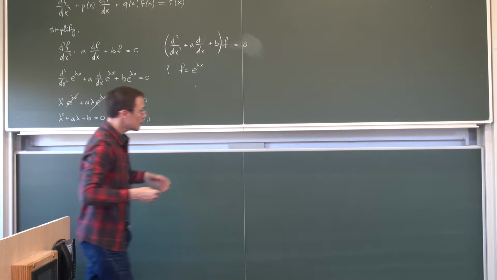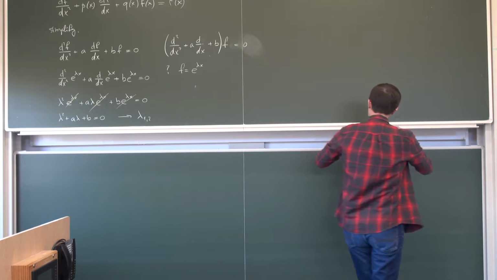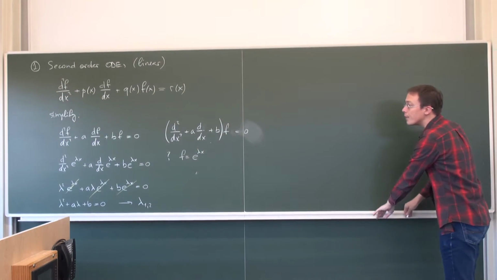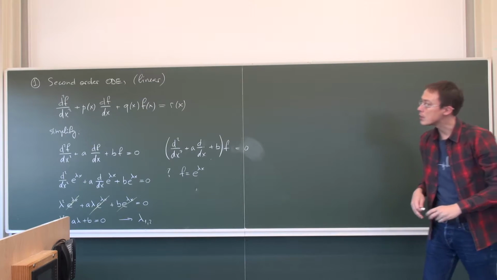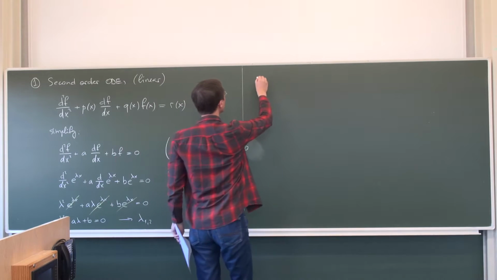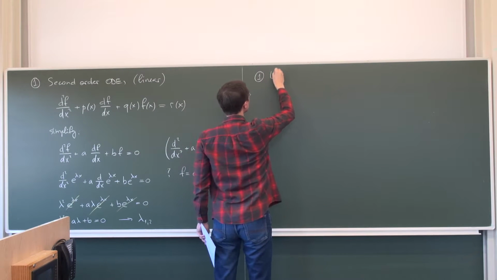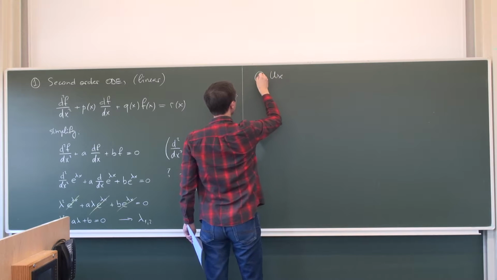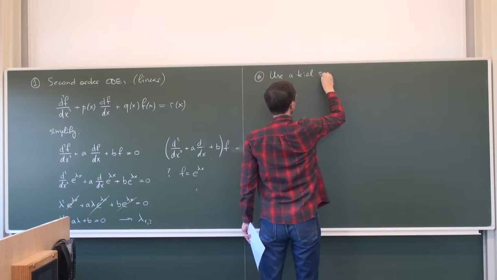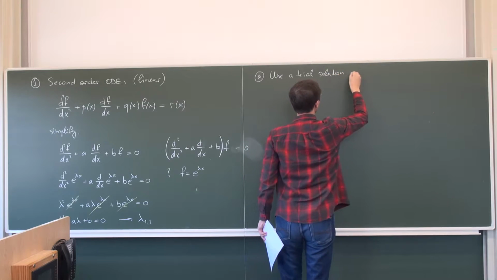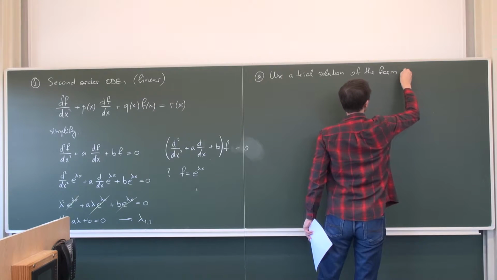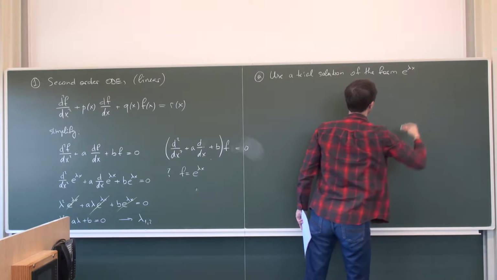So let us first draft the process by which we are going to solve it, and then see a couple of equations using that process. First, we use a trial solution of the form e to the lambda x.